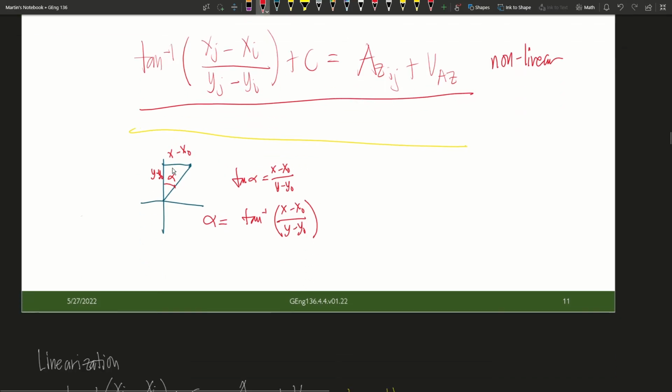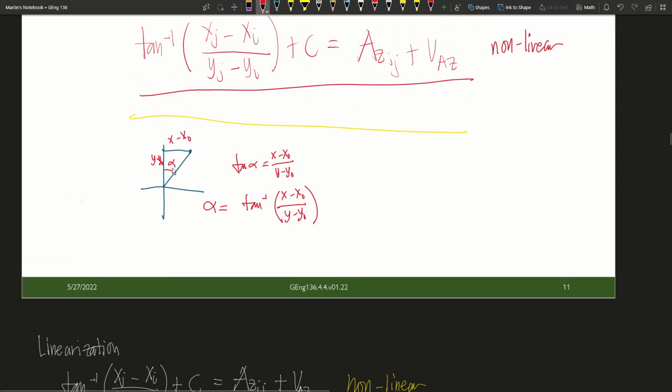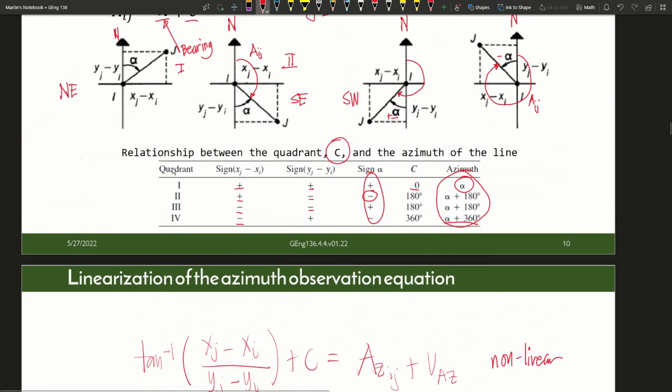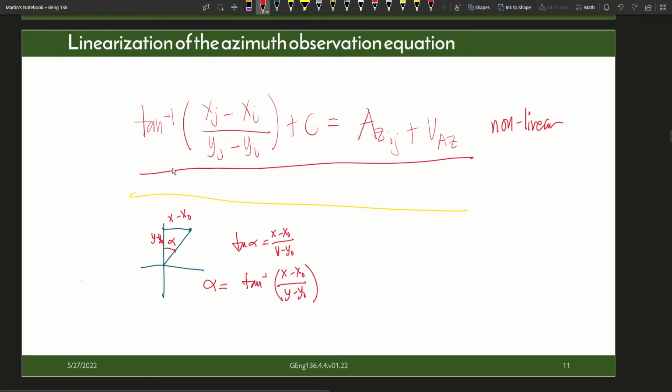So we have j, we have I. For each point, we have x sub I, y sub I, then x sub j and y sub j. So these two coordinates dictate the angle of your line, referred to a meridian.